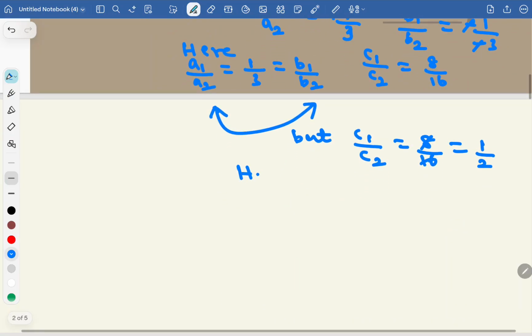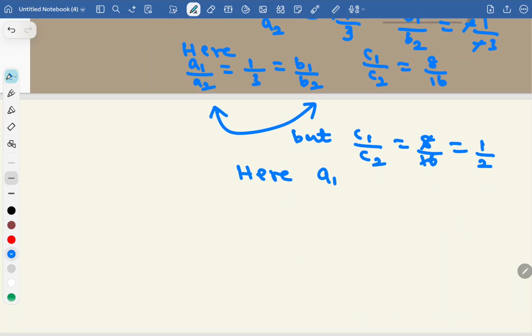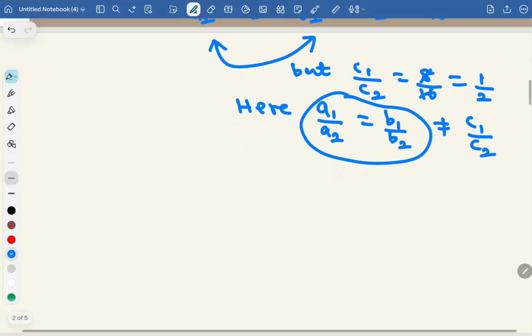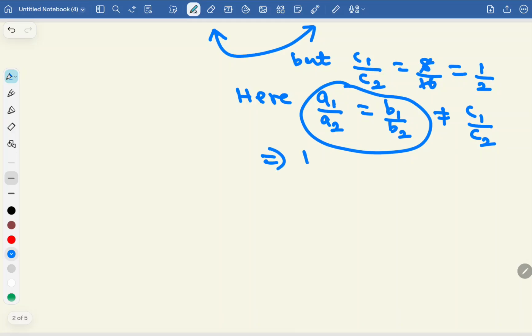Therefore, a1 by a2 and b1 by b2 are both equal, but not equal to c1 by c2. The first two ratios are equal, not equal to the third ratio. We can say the lines are parallel.